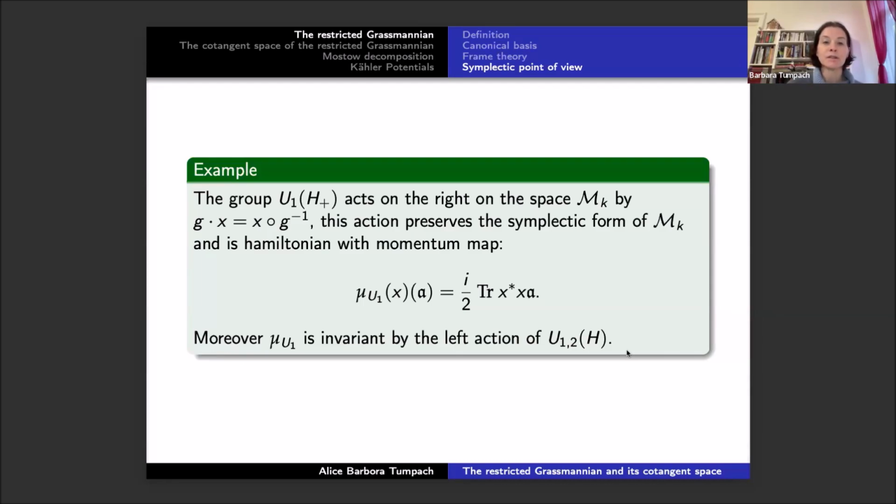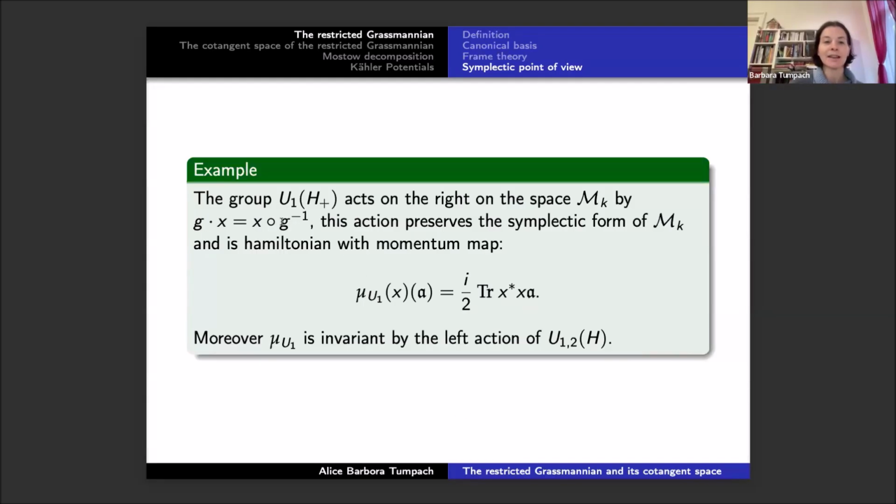So U1 of H plus is a group of unitary operators on H plus, which differ from the identity by a trace class operator. And it acts on the right by the following formula.